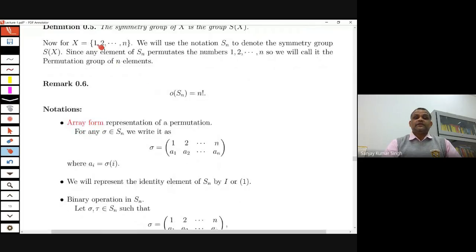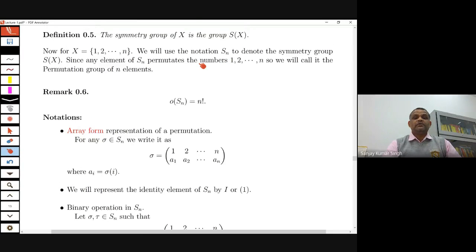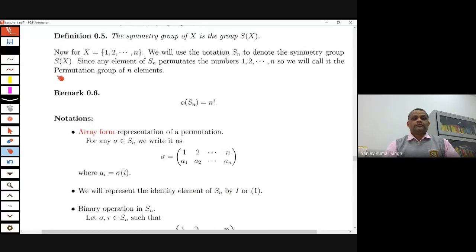Generally in practice, we don't use any X. We put a particular X, 1, 2, up to n. And with respect to this, the symmetry group S_X is denoted by S_n or P_n, depending on books. And they are basically what? They permute these numbers 1, 2, up to n, and hence we call them permutations. So these maps from 1..n to 1..n are just permuting these numbers, and we call it a permutation group.